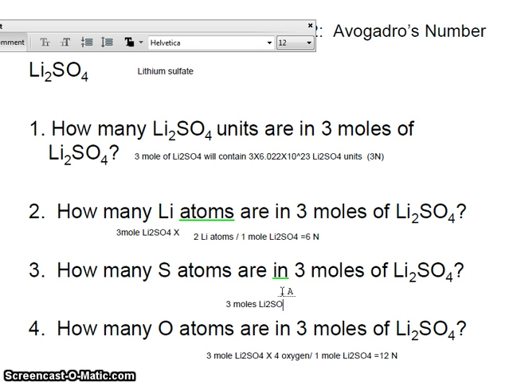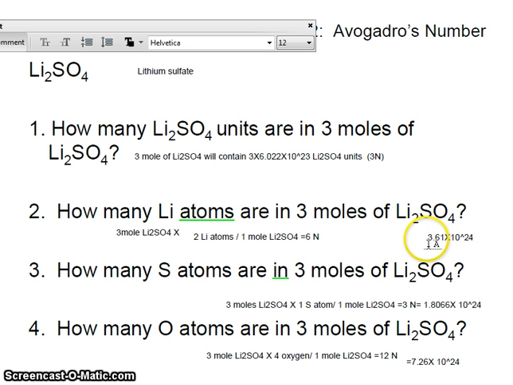I will run one of those for you so you can compare your answer and make sure you have the correct values and you're expressing it in a correct manner.